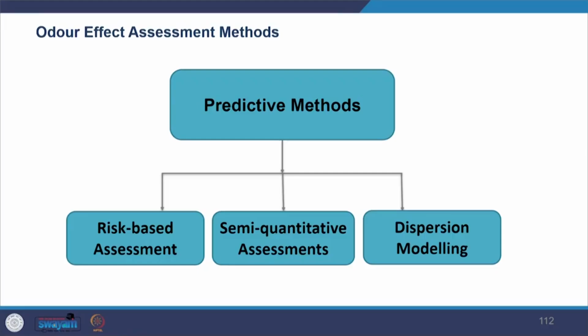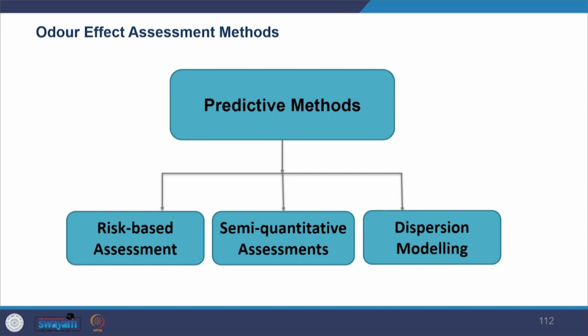Now, looking at the odour effects, in assessing the odour effects, both predictive and observational methods can be used. So, you can predict and you can also observe. Predictive methods can involve a risk-based assessment of the source, where you look at the pathway and the receptor, and then you can draw a conclusion.